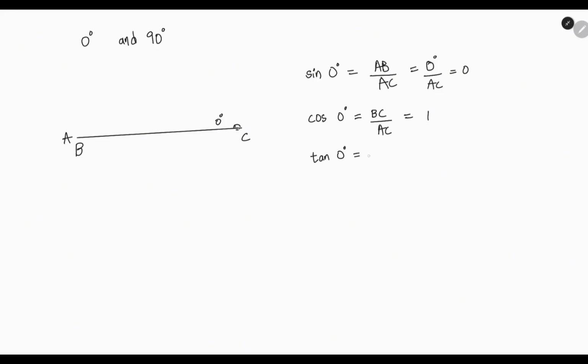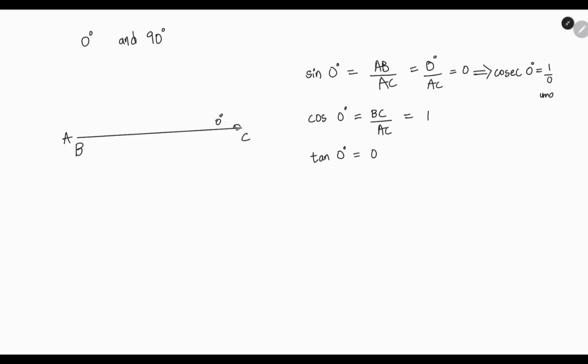And now tan. Tan is opposite side by adjacent side, AB by BC. So that's still 0, or sine by cos is 0. Now the interesting part, cosecant of 0, which is 1 by 0. As we know, division by 0 is undefined.